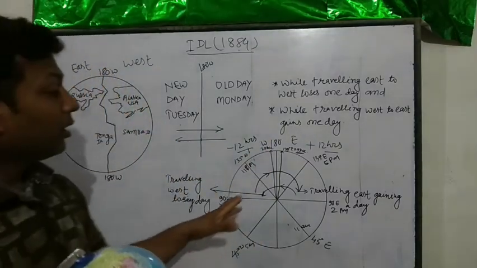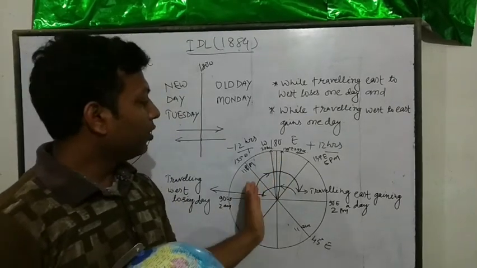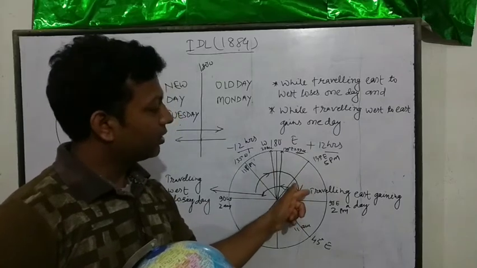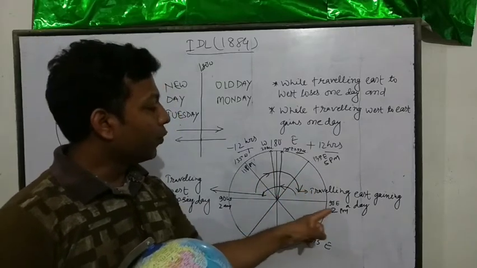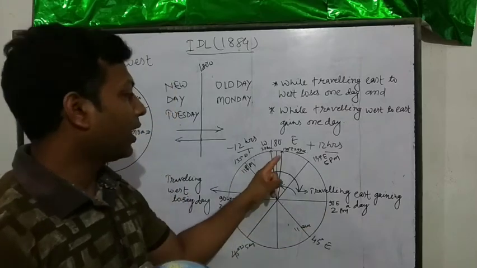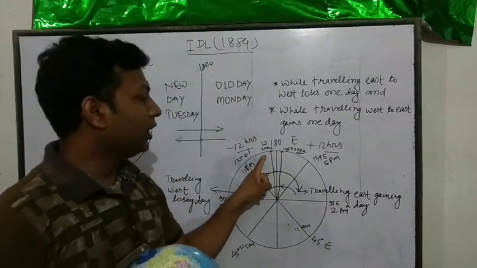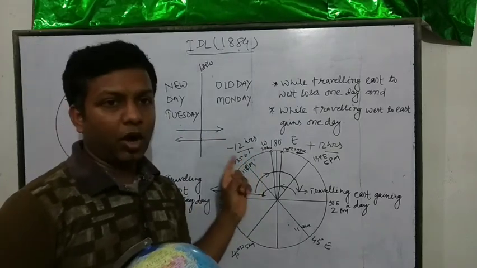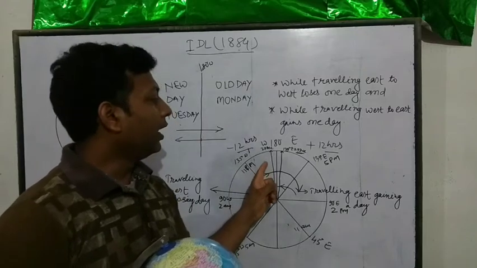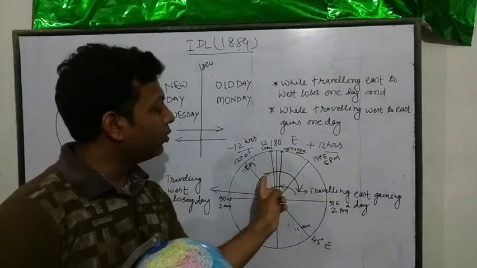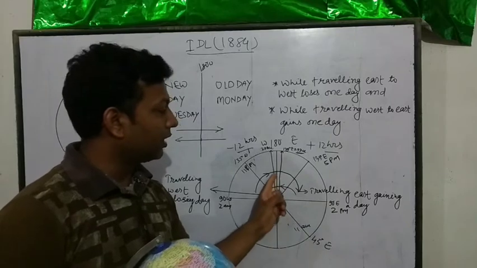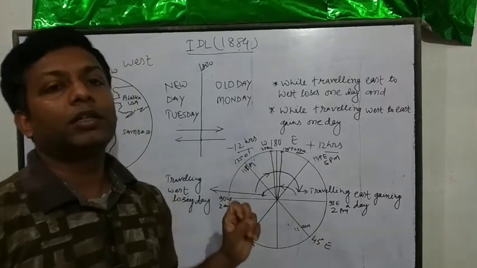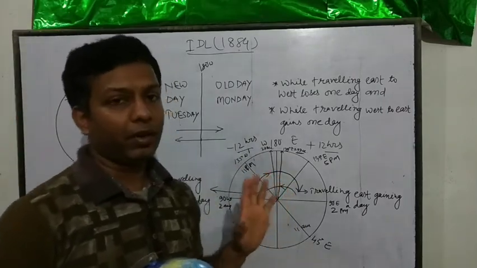So if we travel from west to east, we gain 1 day. So in the west, if it is 26th of May, in the east direction, when you cross this international date line, after 179 east, we have 27th of May.